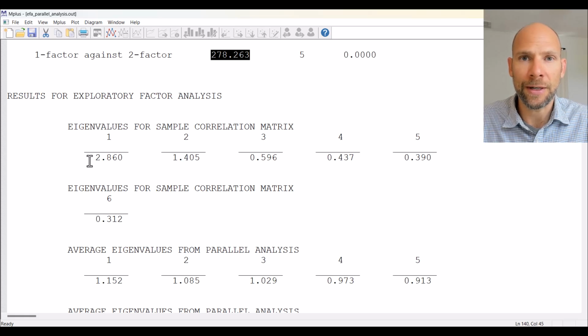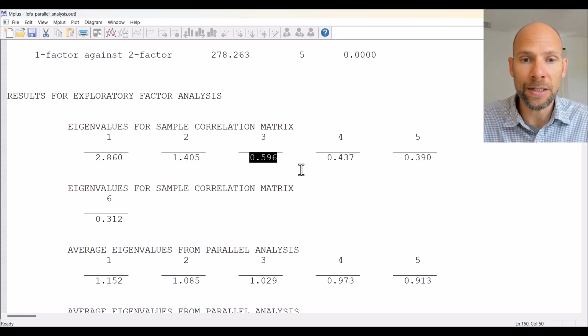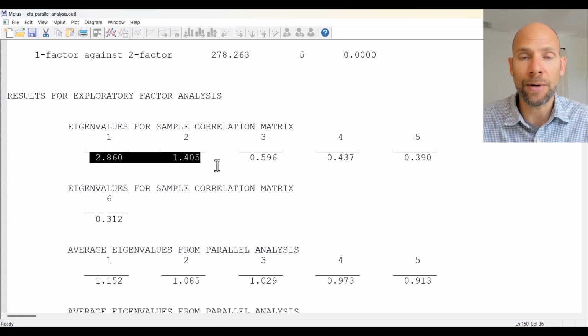That's also called the Guttman-Kaiser criterion. And so in this case, then we would select 2 factors because there are 2 eigenvalues in our list that are greater than 1. The third eigenvalue is clearly below 1. So the eigenvalue greater than 1 criterion here would tell us to retain 2 factors rather than just 1 factor.